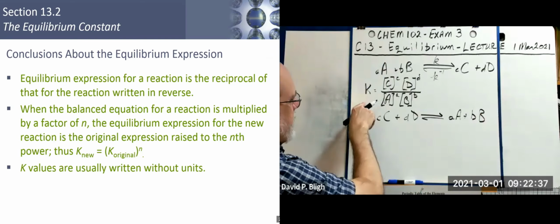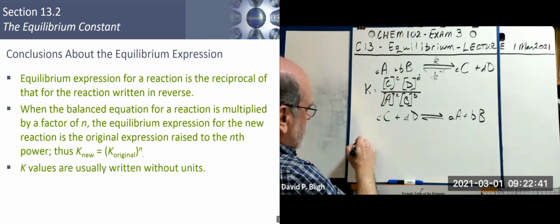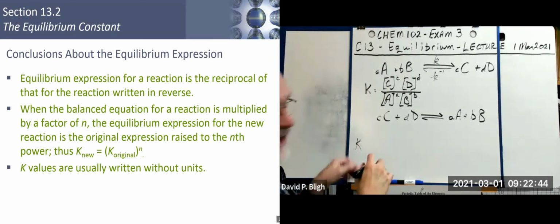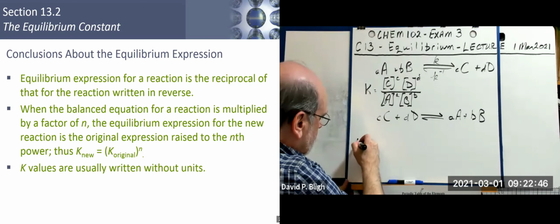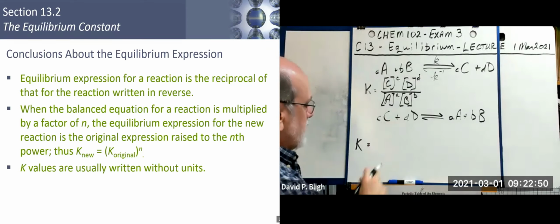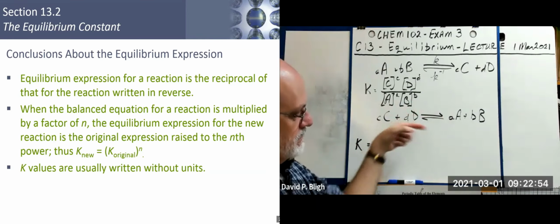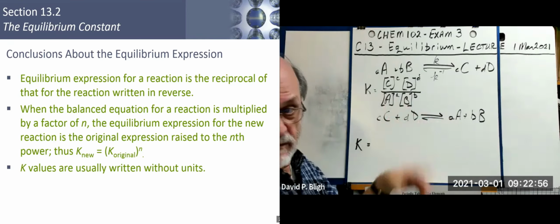Well, we'll just call that K, and I'll fix that K in just a minute. I want to write the expression first. It's obviously a different K, right? Because now we've got products and reactants in the wrong place.